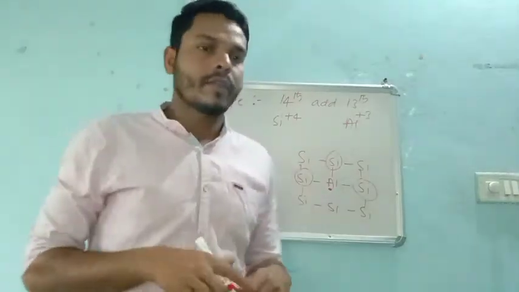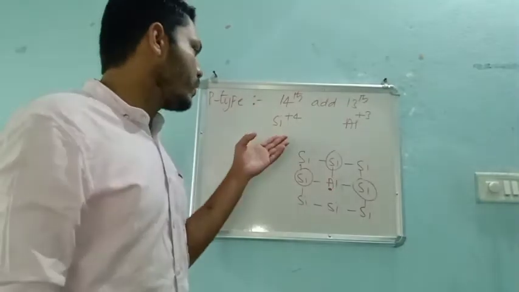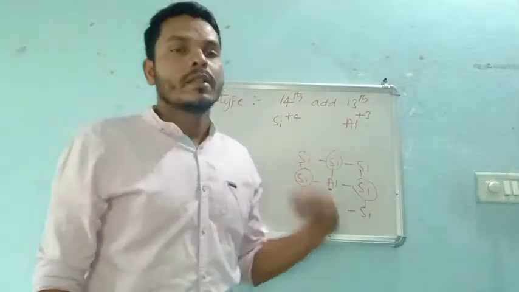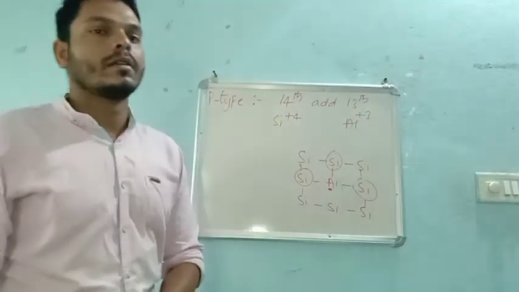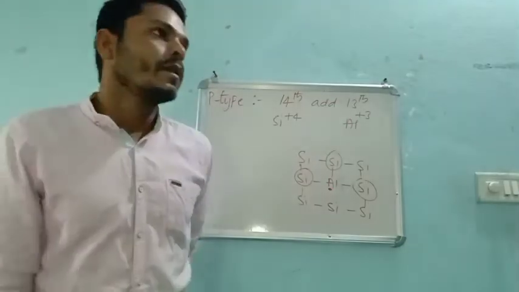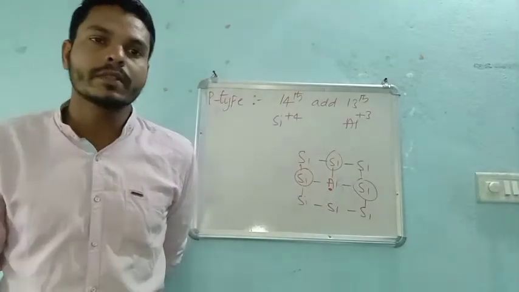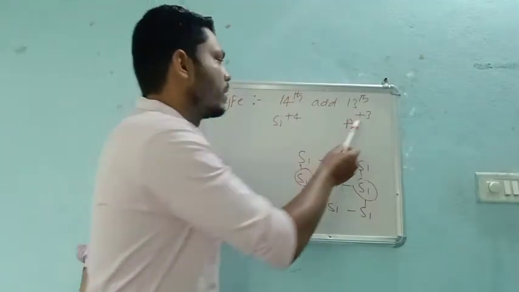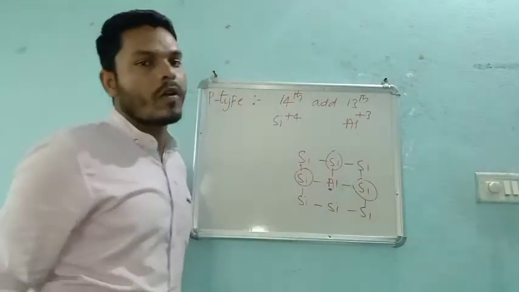We need to add 4 in actual, but we are adding just a 3 valency element, so definitely the density decreases, because we have lost one electron.